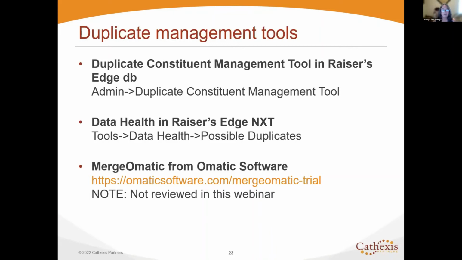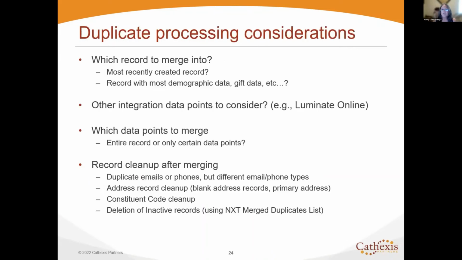You have more options. Before you start processing duplicates, you need to consider how and what you're going to be merging and why. So this slide says that what you need to consider is whether to use the most recent record created as the master record and merge old records into that, which is pretty much best practice because it's the most recent information your constituents have given you.